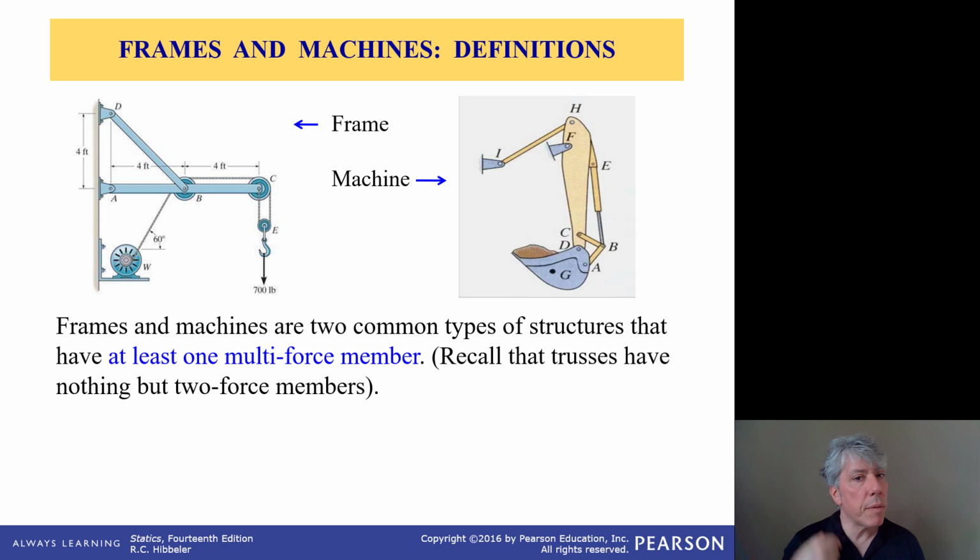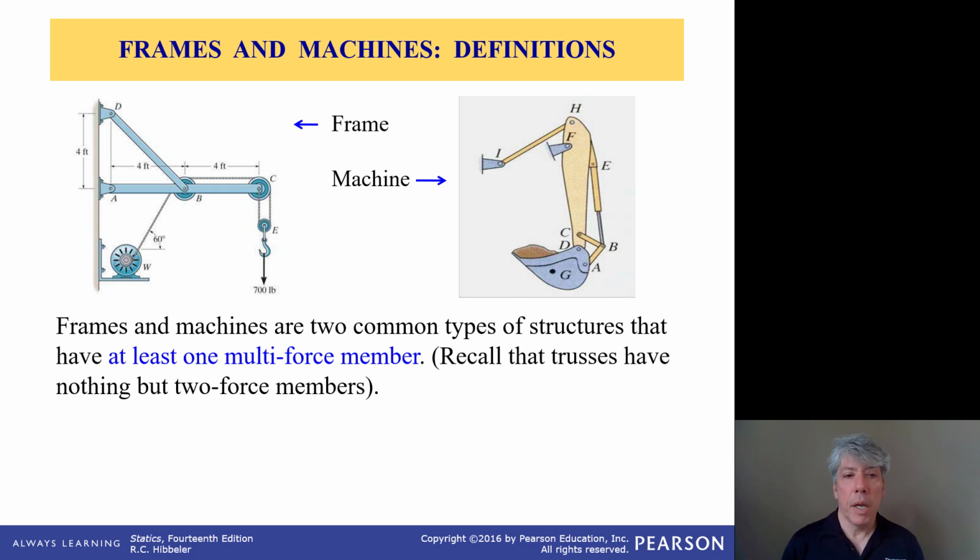So you'll notice that member ABC in this particular example could certainly have some bending in it, right? It's not simply a two-force member with forces at either end in a pinned situation. So definitely the item on the left is a frame, not a truss, which contains only two-force members.